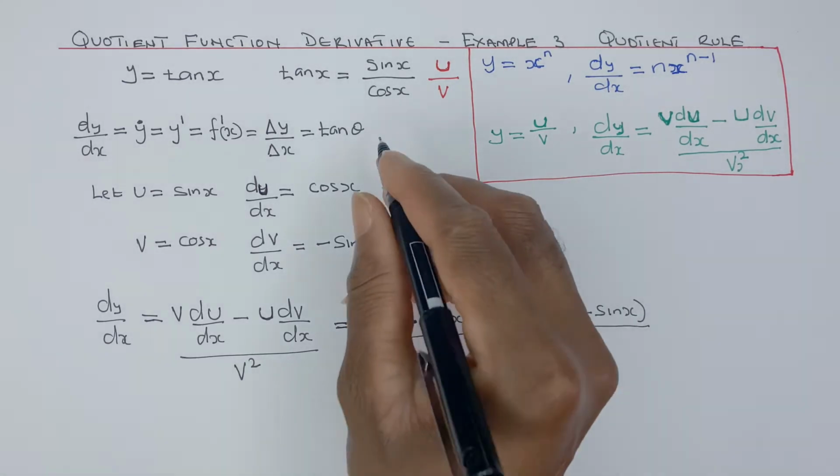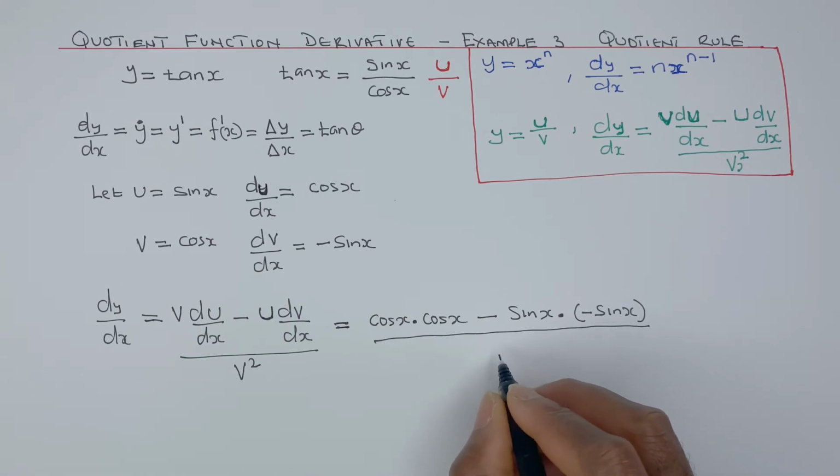And v squared is cos x squared, so v squared will be cos squared of x.